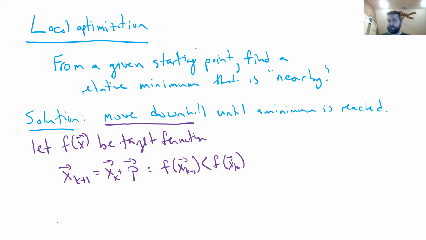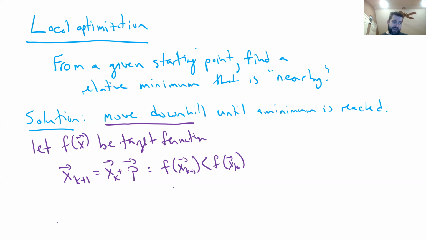It's a retrospective definition, though, right? We can't actually evaluate whether we've moved downhill until we've chosen our x of k plus 1. And so perhaps we would like to have a way of defining downhill that's more local.